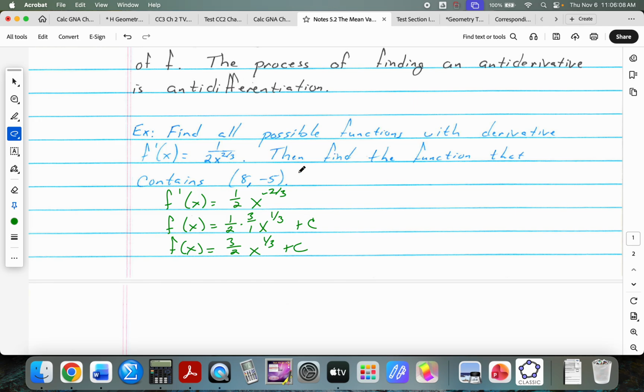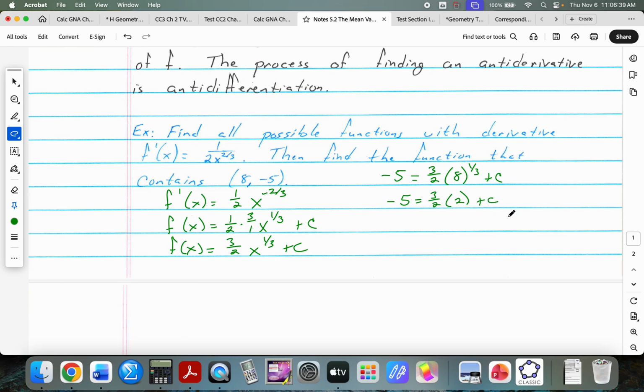So now I can use the initial condition to find the value of c that I want. So I want the function to be equal to -5 is equal to 3/2 of 8 to the 1/3 plus c. Now what's 8 to the 1/3 power? 2.